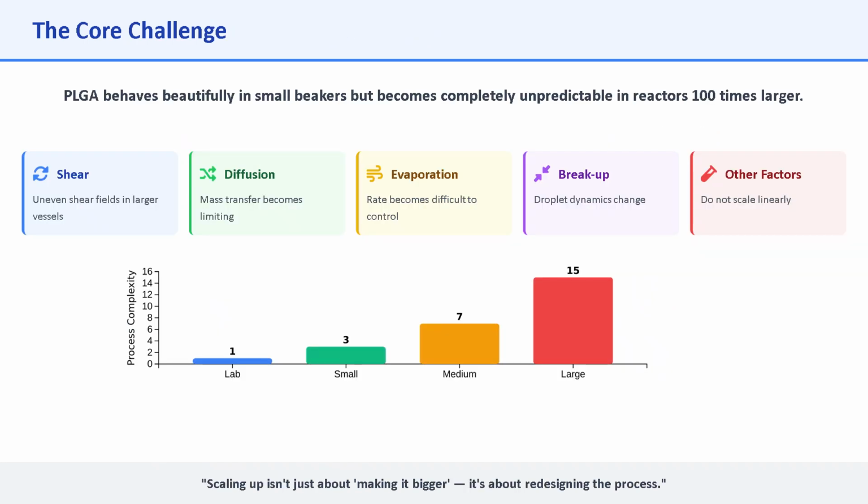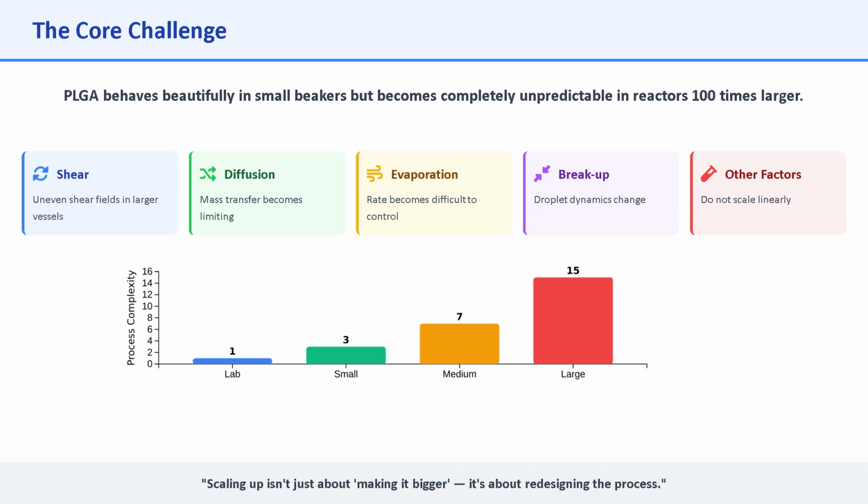One of the biggest reasons scale-up becomes complex is that PLGA doesn't behave the same way when volumes increase. In small beakers, shear, diffusion, and solvent evaporation are easy to control. But in reactors that are 100 times larger, these same factors behave completely differently. Shear fields become uneven.